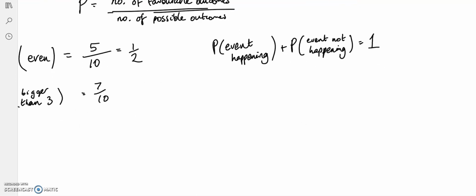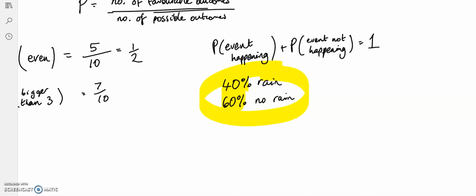For example, if we think about this in percentages, if there's a 40% chance it will rain, there will be a 60% chance of no rain, because these two values would sum to 100%, which is a whole.